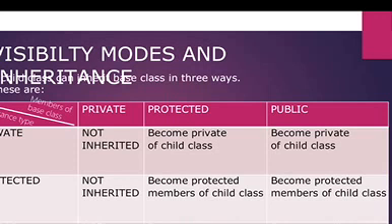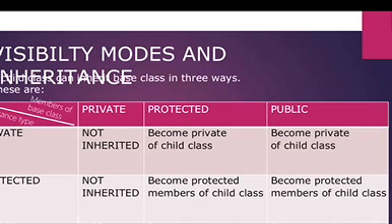We explained this in the last slide. Just observe the slide. Private members are not inherited. With private mode, protected and public members become private members of the child class.